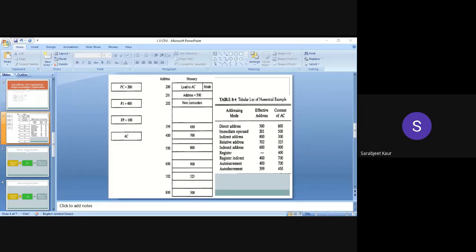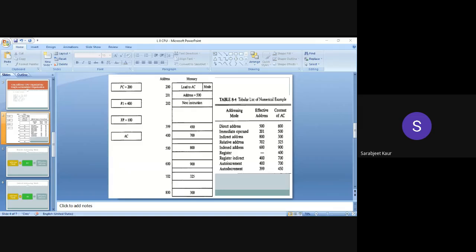Now I'm going to do two other modes with you, auto increment and auto decrement. Auto increment and auto decrement are just like register indirect mode. The only difference is that in the auto increment mode, before we go to this address to get our operand, this address is automatically incremented.